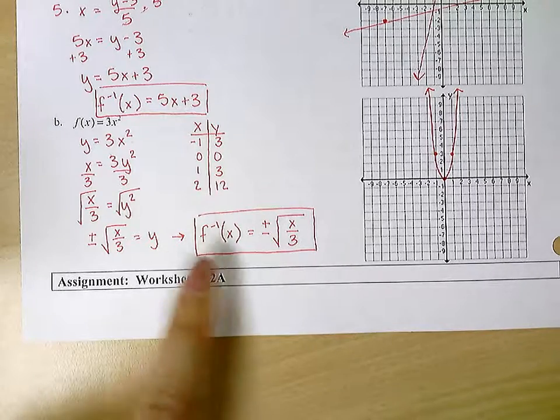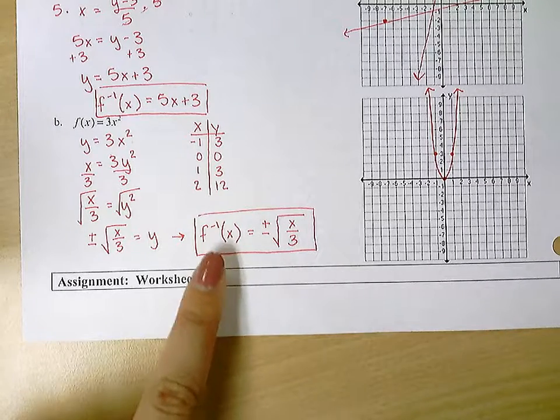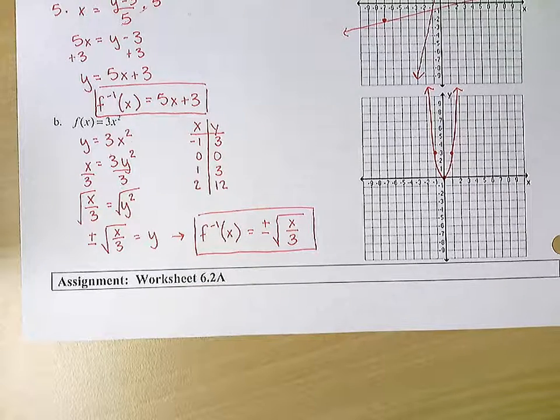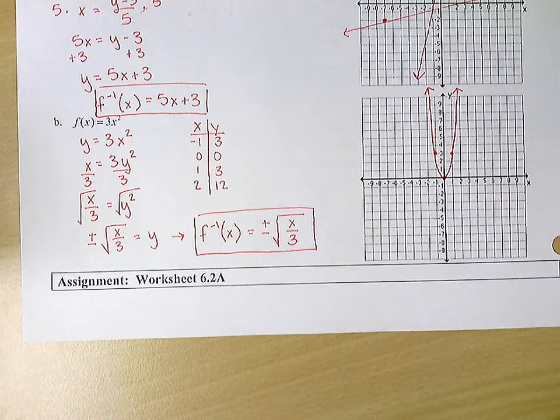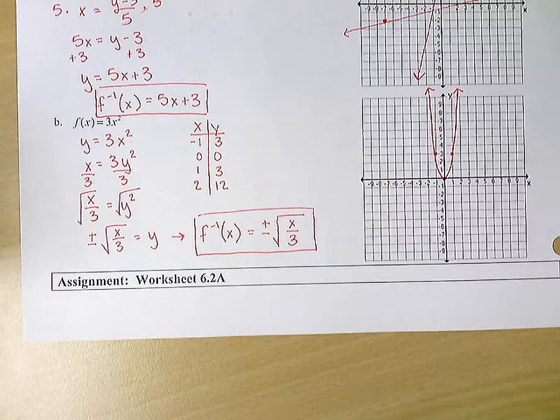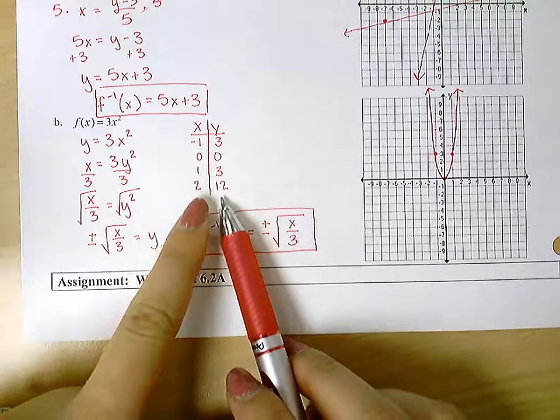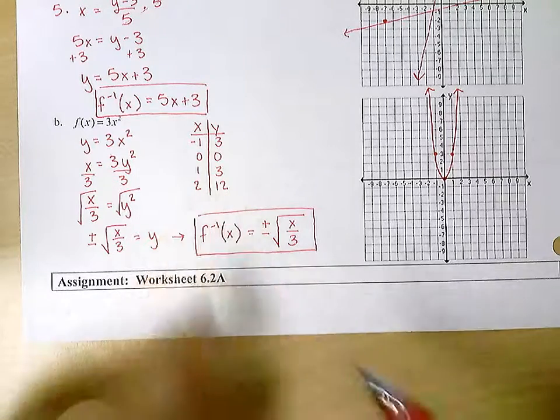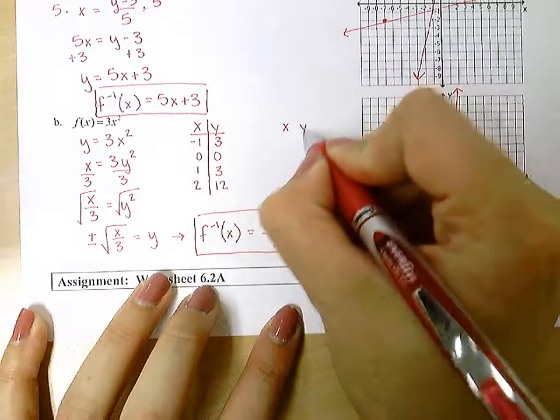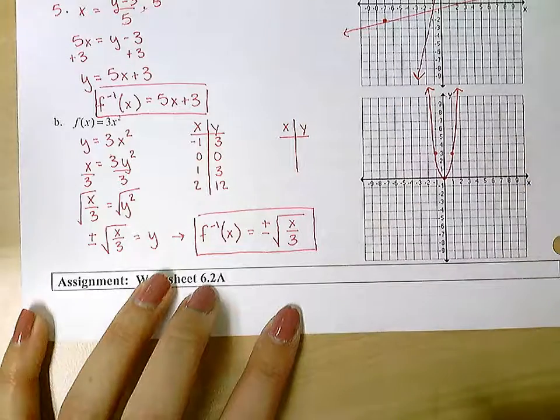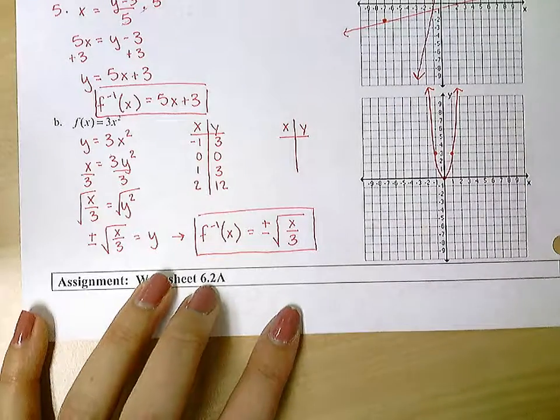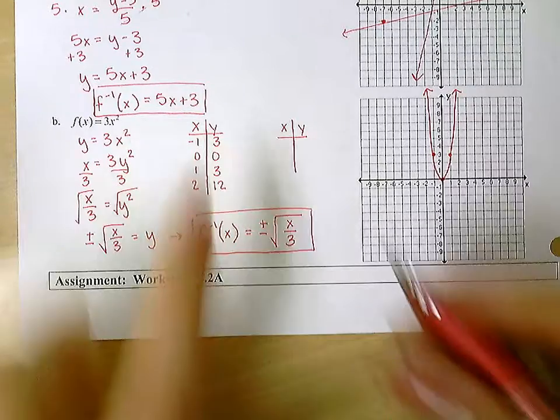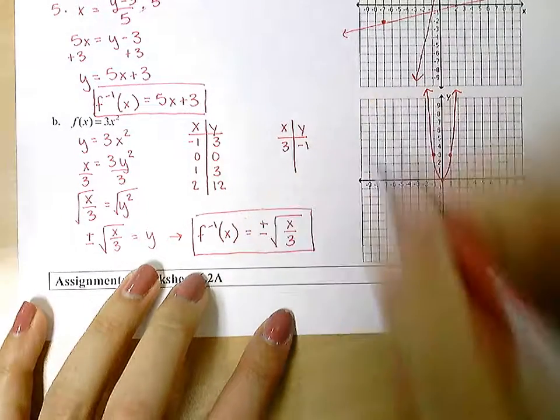All right, for my other one, my inverse. To find my inverse, all I did was switch x and y, right? So can I just take my points right here and just flip-flop them? So instead of (-1, 3), I would have (3, -1).